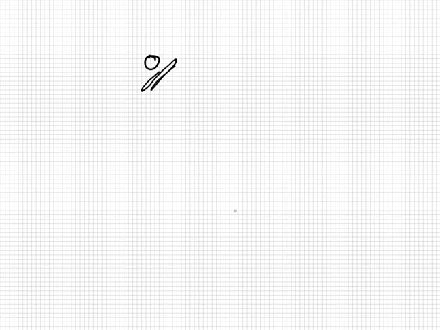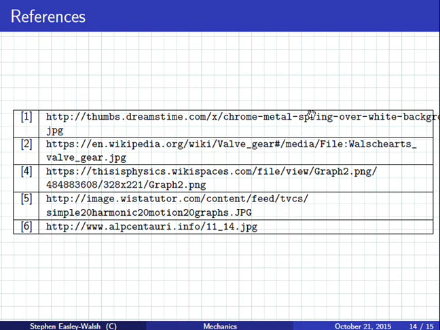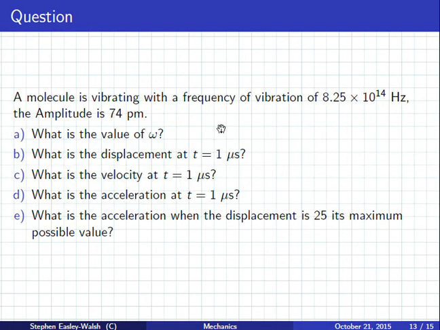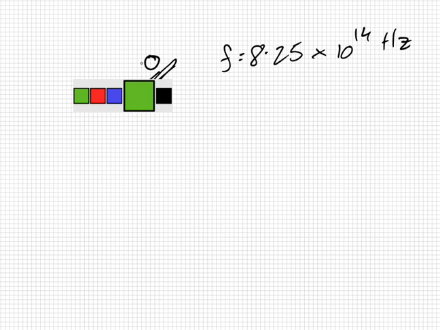All molecules do this. So what I tell you in this question is that the frequency is 8.25 times 10 to the 14. So is this moving fast or slow? Very fast. Very, very fast.